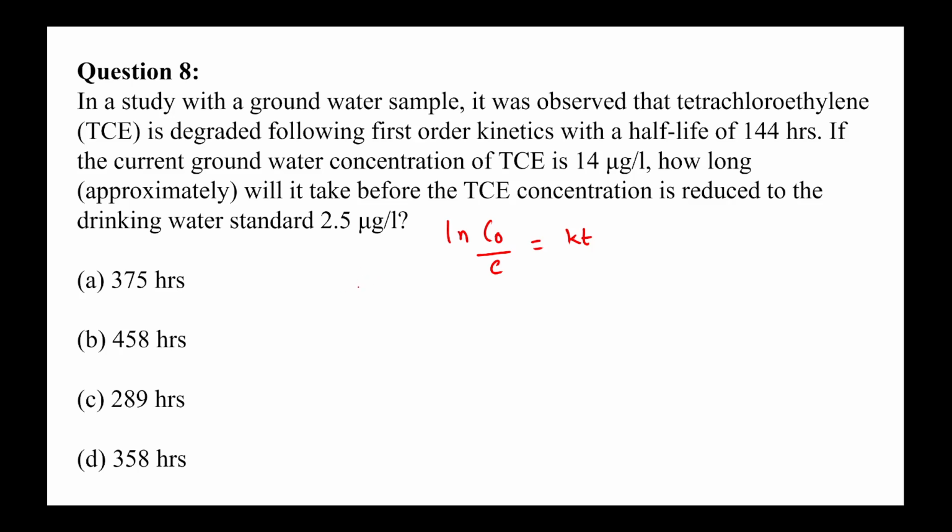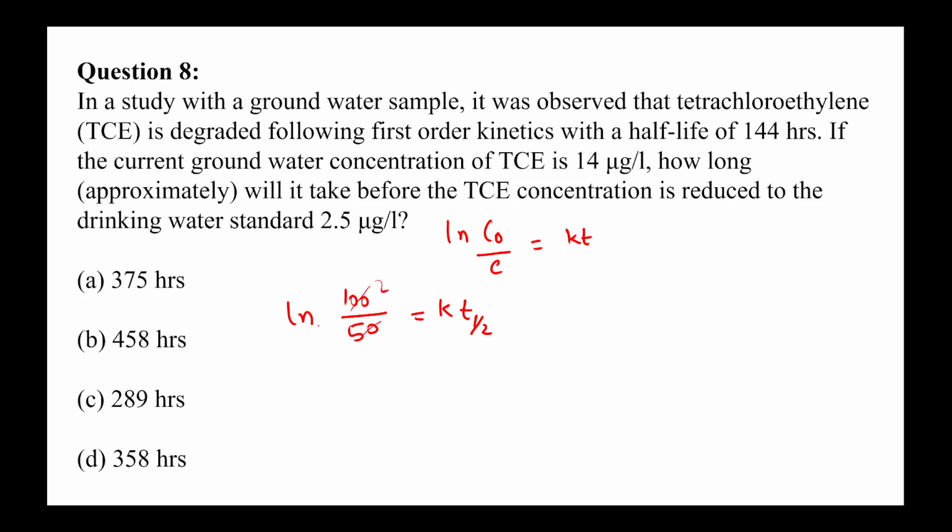Okay, so if the initial concentration of reactant is 100, then the time taken for the 50% of the reactant to get converted into product is the half-life. So that means if the initial concentration is 100, the final concentration will be 50 and the T will be T half basically.